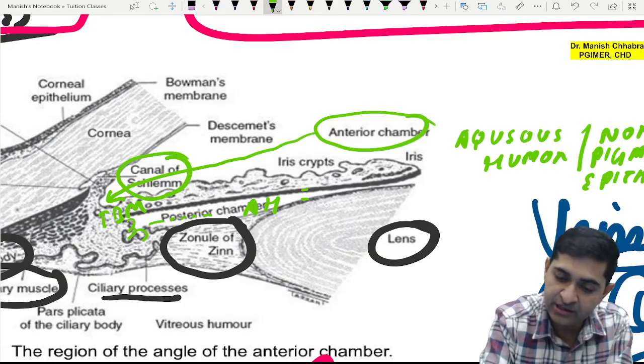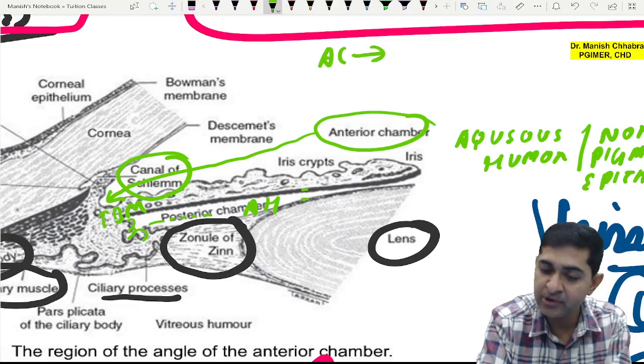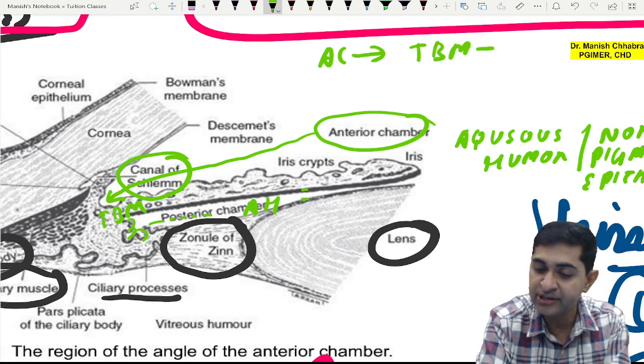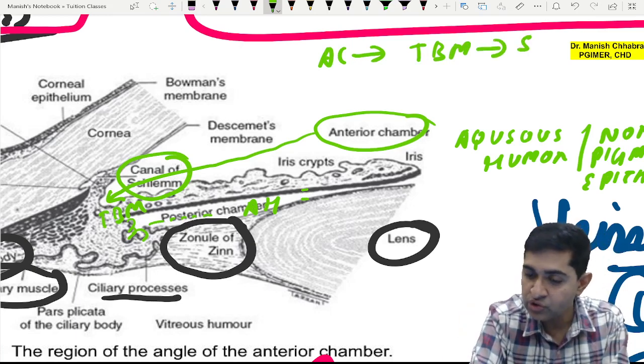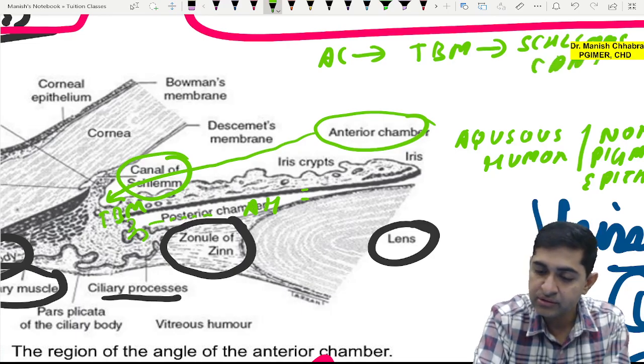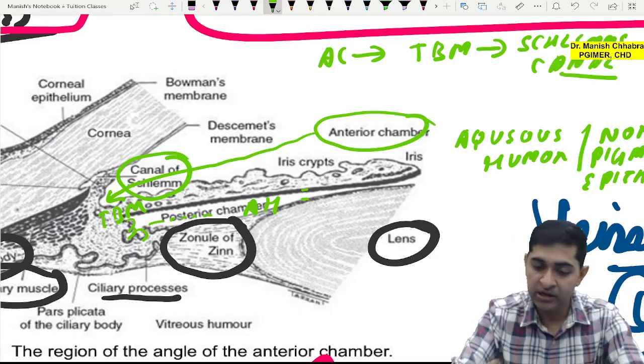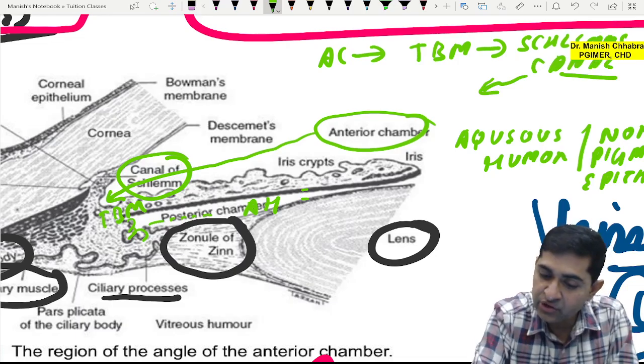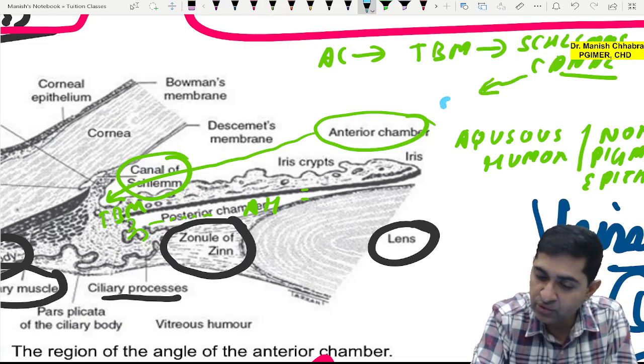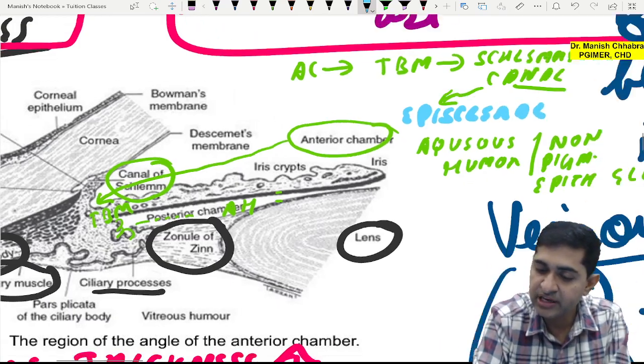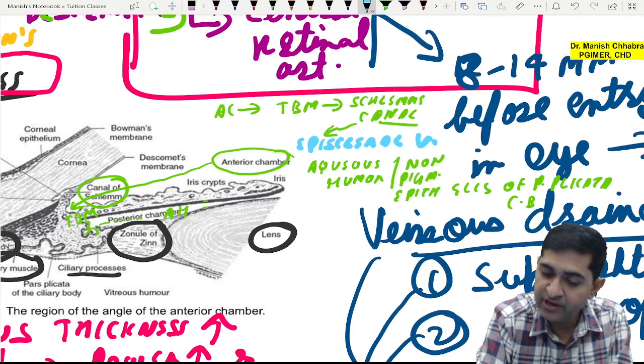From Schlemm's canal it goes to the episcleral venous plexus.